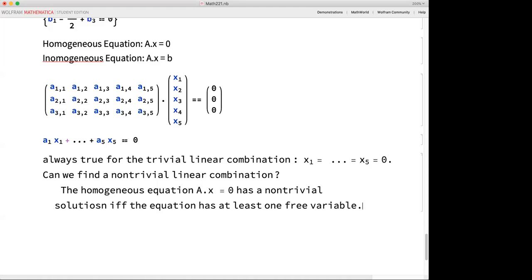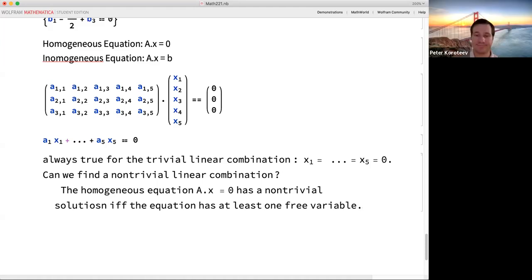The symbol here stands for if and only if. Remember, in the first example we did today, we had the echelon form of the matrix, and those x's that corresponded to non-pivot columns could be made free variables.